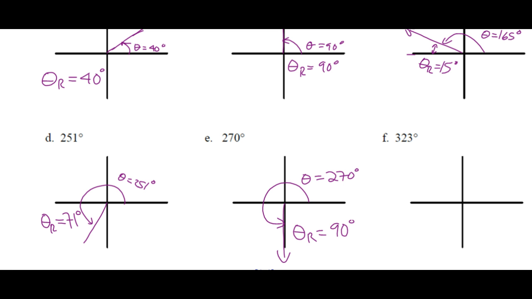323, where's 323? Quadrant 4. Where is it in relation to this line? I want to do it from here, though. So the question would be, how much further would I have to go to get to 360?